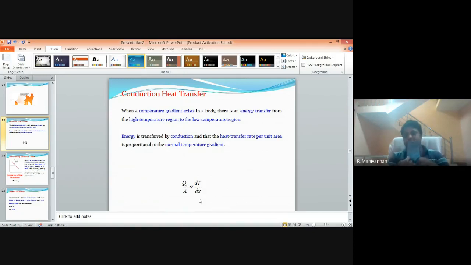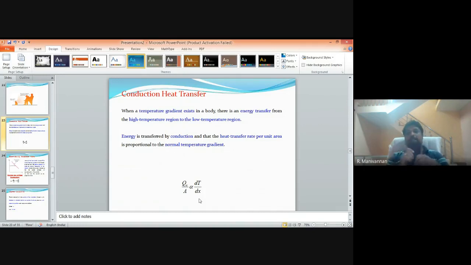That means the temperature is the same throughout this x-axis. So if there is no temperature gradient, then there won't be any transfer of energy. Gradient means with respect to distance. So whenever you have a temperature gradient in this body, then you have the energy transfer.